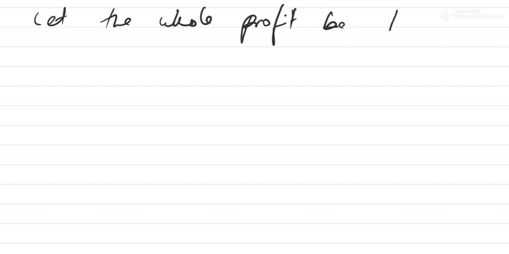So the whole profit can be 100 in terms of percentage, or in terms of fraction, the whole profit can be 1. We are solving here in terms of fraction, so we will assume that the whole profit is 1.